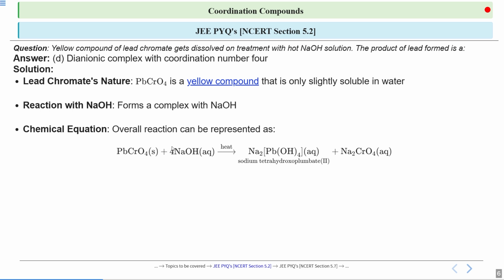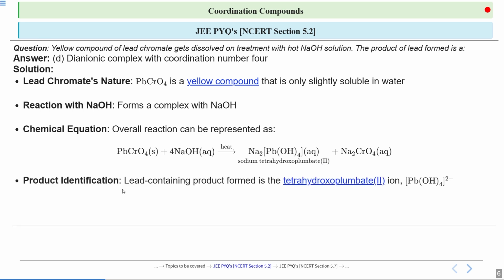After heating, we get a complex, sodium tetrahydroxoplumbate(II), with the formula Na2[Pb(OH)4], plus Na2CrO4. So this is the complex you get when you react the yellow lead chromate in hot sodium hydroxide solution.